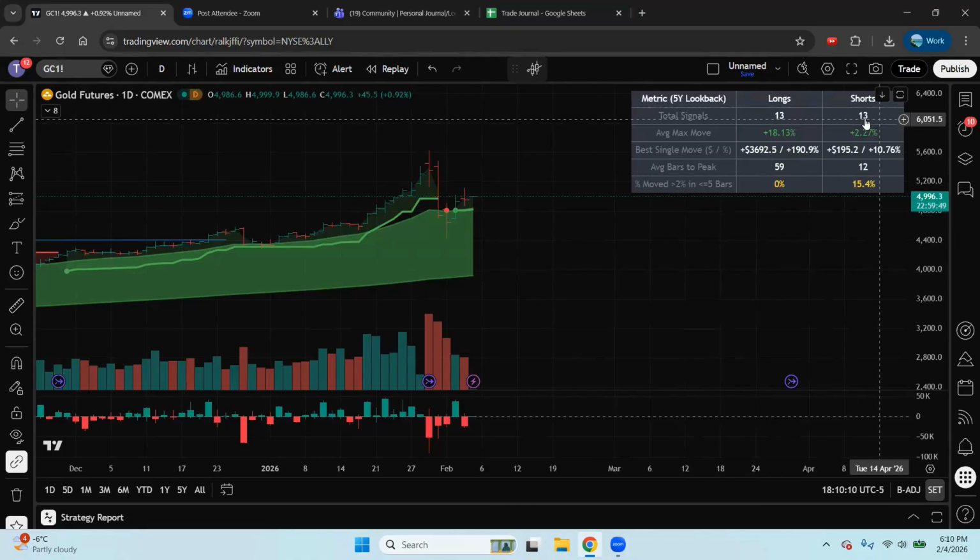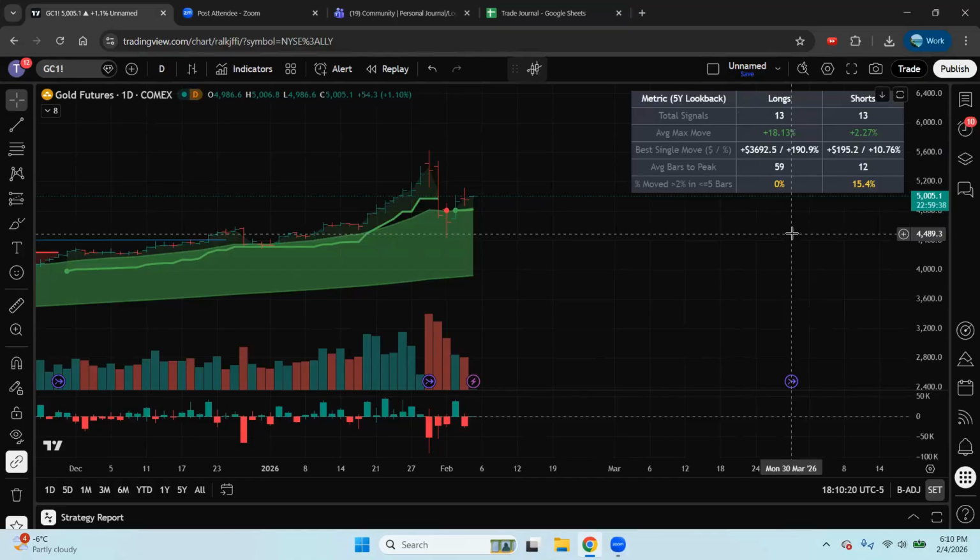13 entries here to the long side, 13 entries to the short side, 5-year look back. And I also put this in here because we're trading this with options, and I would like to have an idea of how far out I would like to go with my expiries.